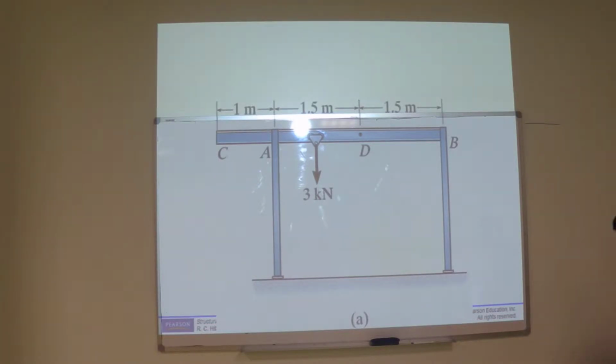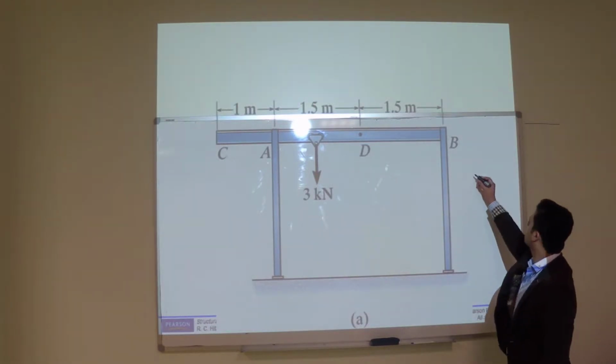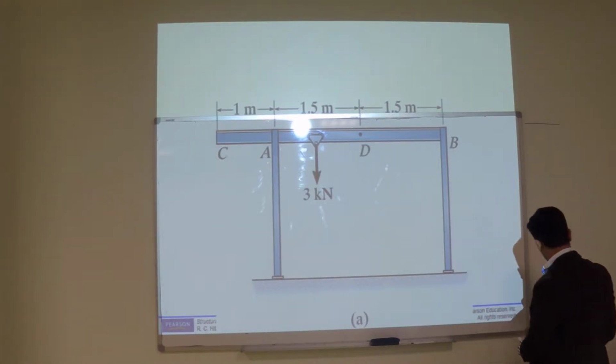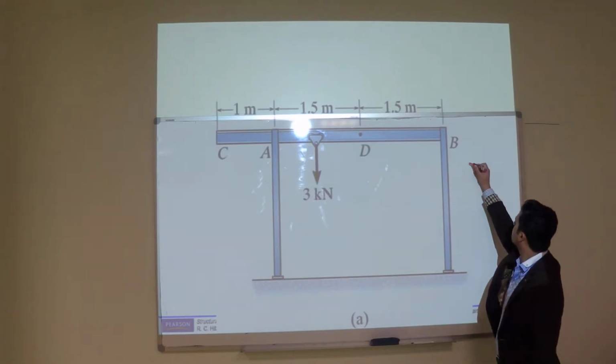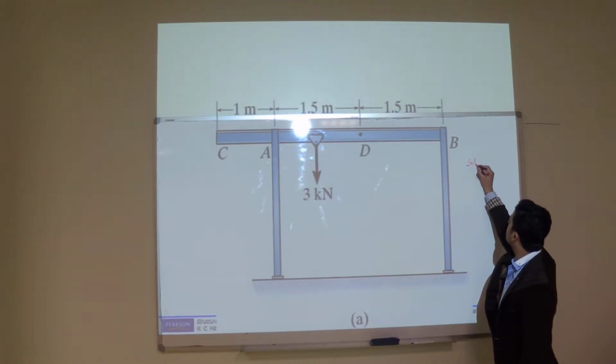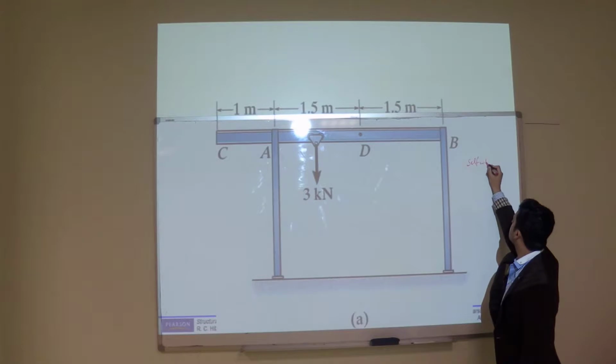Assume the dolly has negligible size and can travel the entire length of the beam. Also assume A is a pin and B is a roller. Determine the maximum vertical support reactions at A and B and the maximum moment in the beam at D.